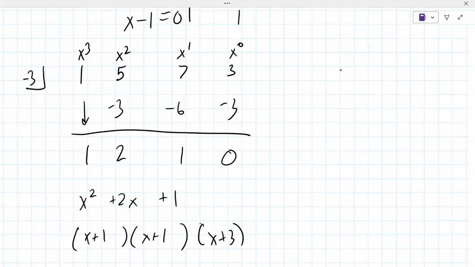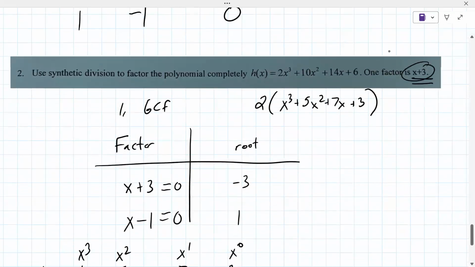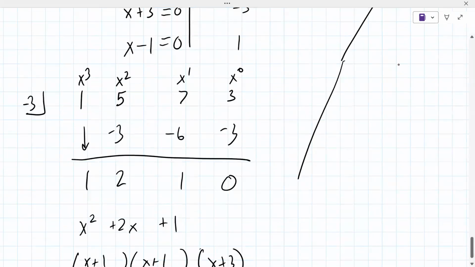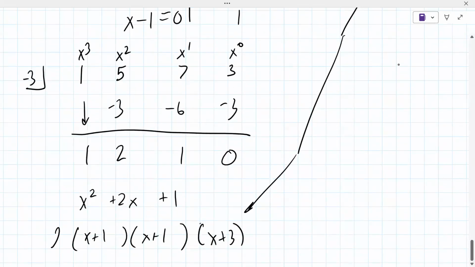That comes from the one that they assigned from the beginning right here. And then you also have to bring the 2 down from the beginning. Is that okay? Yes. All right.